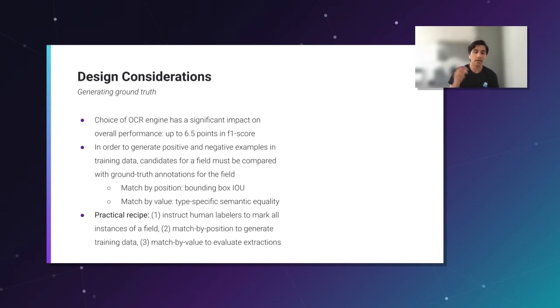So instead of using literal evaluation to generate candidates for the training data, use bounding box intersection over union, because this ends up generating more training examples, and most of them are true, and it's useful for generalization capabilities as well. And then use match by value to evaluate the extractions. All the results that you saw in the table are done with match by value, which is what you expect. So maybe a slightly subtle point, but when you generate candidates, use match by position, and when you evaluate them, use match by value.